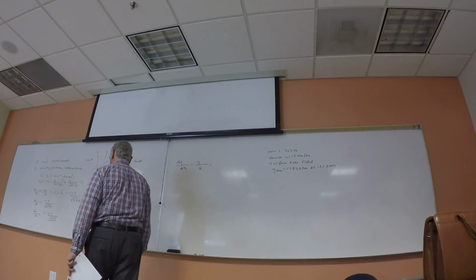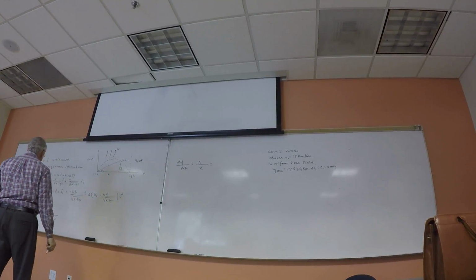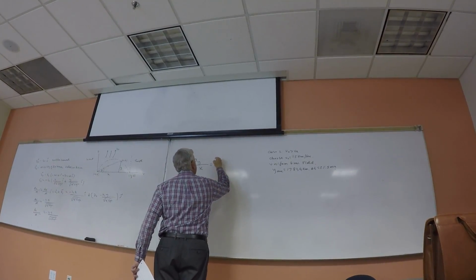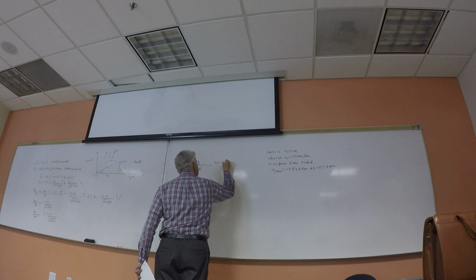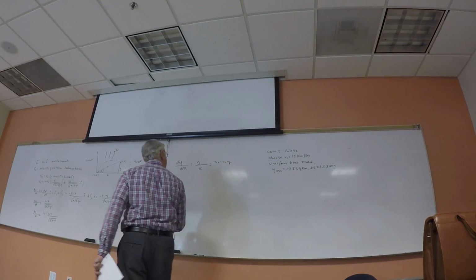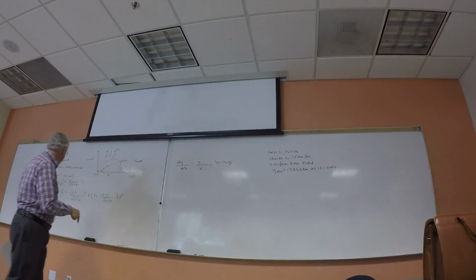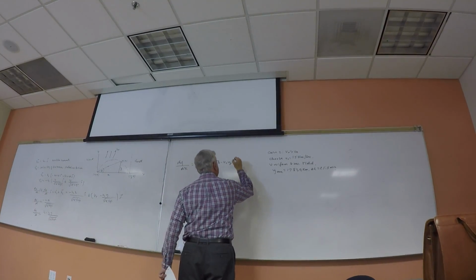So from the chain rule, dy/dx is just dy/dt divided by dx/dt. Okay? So for dy/dt, I got VR minus VS y over the square root of x squared plus y squared.